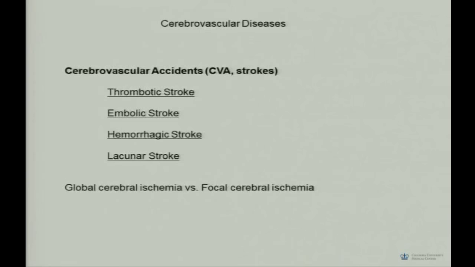And then lacunar strokes. The word lacunar, the root of that word means lake in Latin or Greek, or I don't know. But it refers to the appearance of these particular CVAs. They are these microinfarcts that happen in the pons of the brainstem.